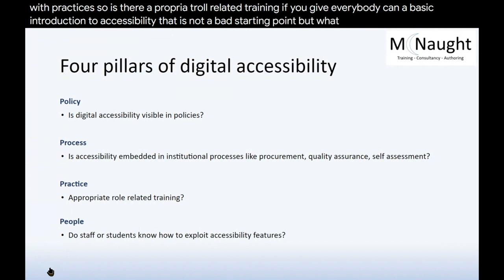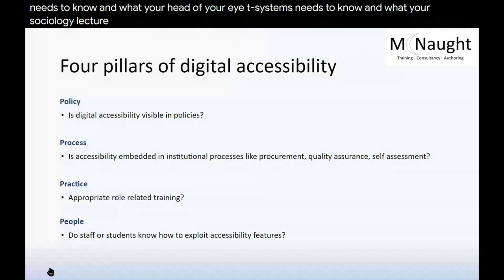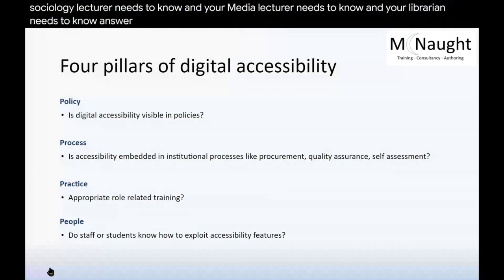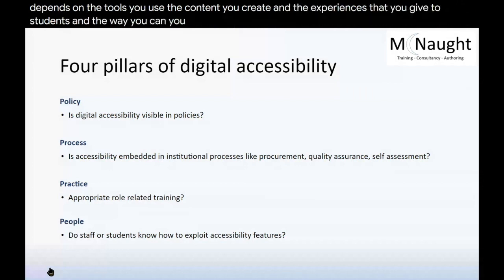But what an e-learning specialist needs to know, and what your head of IT systems needs to know, and what your sociology lecturer needs to know, and your media lecturer needs to know, and your librarian needs to know, and so on, they are all different, because digital accessibility depends on the tools you use, the content you create, and the experiences that you give to students, and the way you communicate with them.